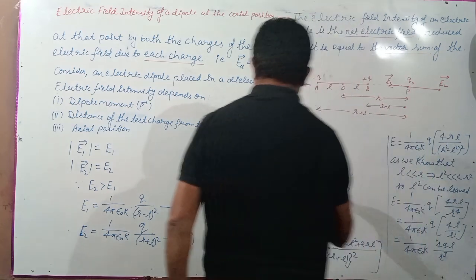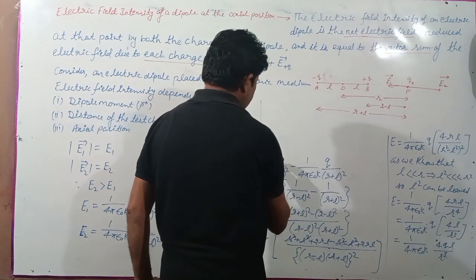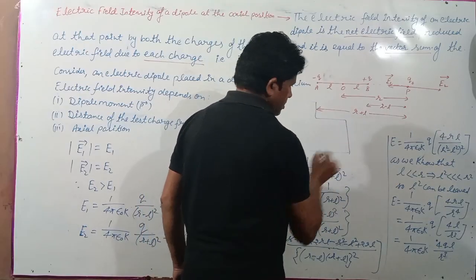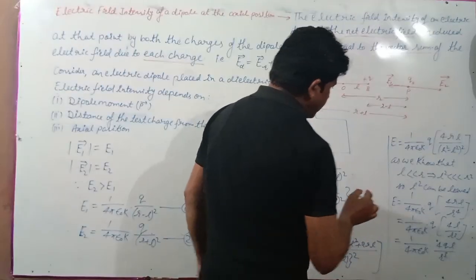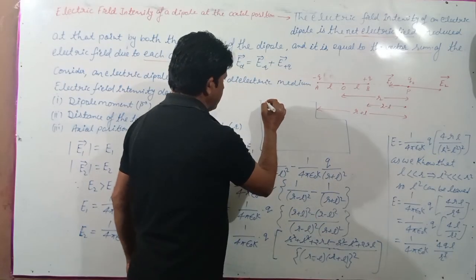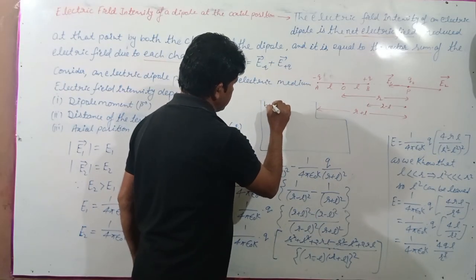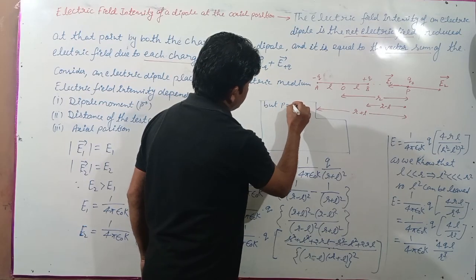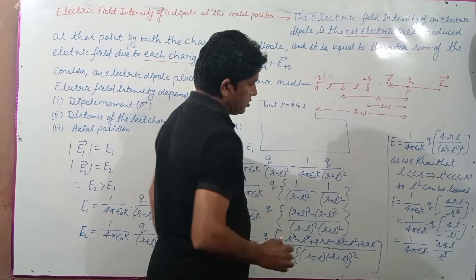We proceed here due to the lack of some space. So you know that we write here P is equal to 2QL.